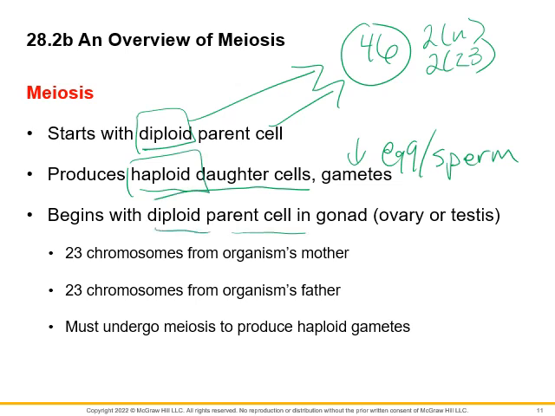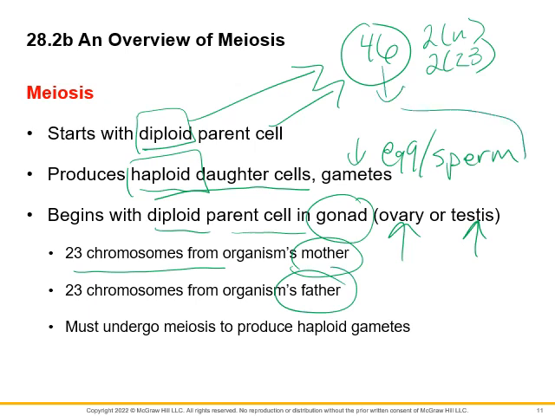The diploid parent cell in the gonad, the ovary or the testes, has one set of chromosomes from your mother and one from your father. We're going to take this cell and create either egg or sperm.